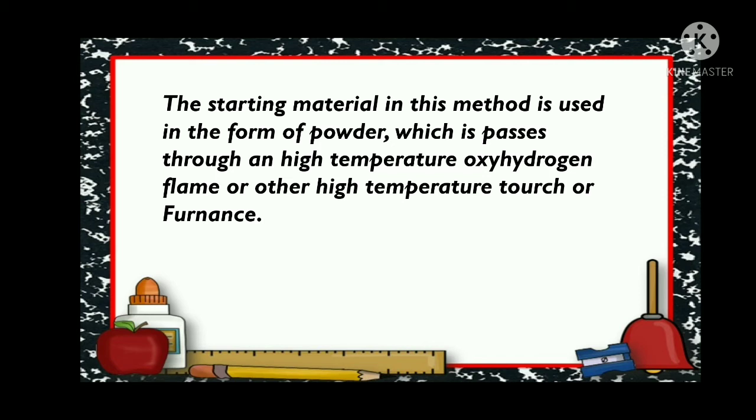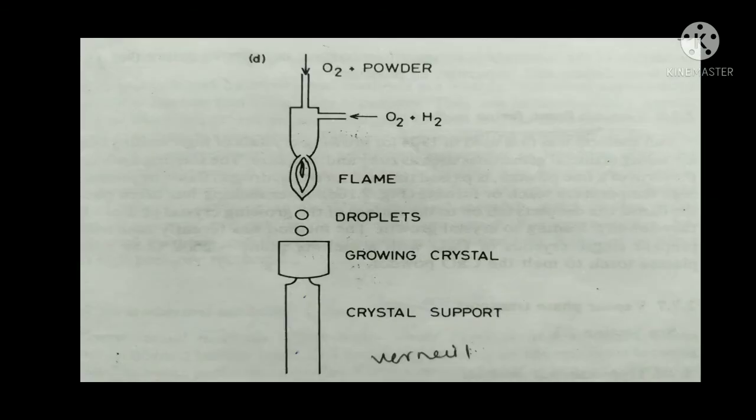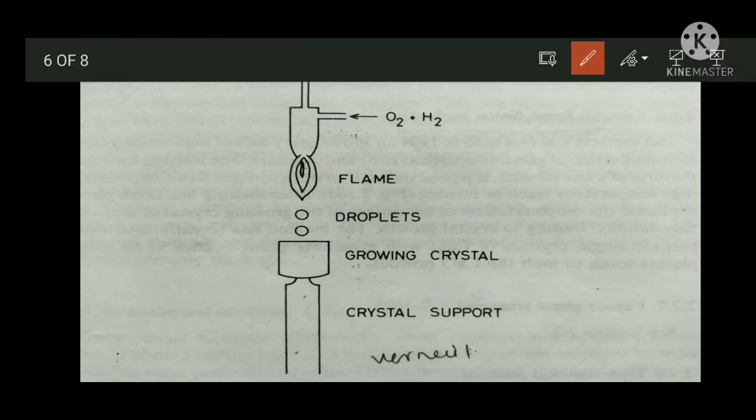Let's understand by considering the figure of this Verneuil flame fusion method. This is the general apparatus. First the powder material is placed in the compartment, and the oxyhydrogen flame passes through this compartment, and the starting material starts to melt as the temperature of the compartment increases. The melted material falls from the flame drop by drop on the growing surface.